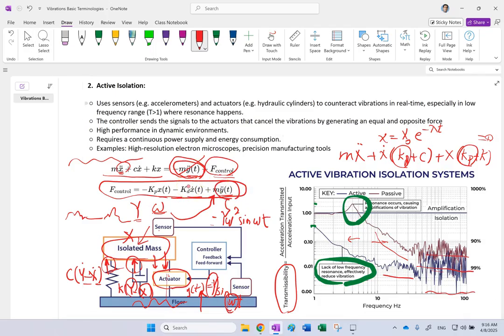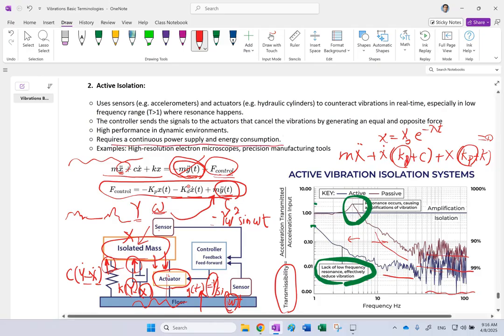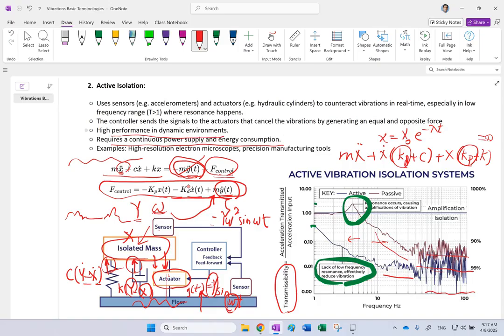Because the system is using sensors and actuators, of course, it needs constant power consumption. Of course, it is more expensive. And of course, it gives you better performance in dynamic environments, as I said, where omega and y are variable.